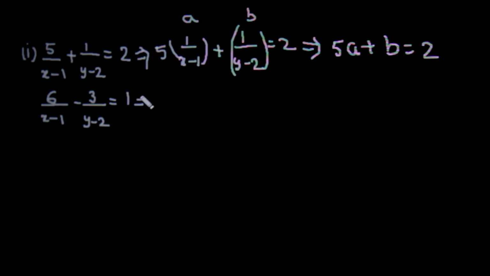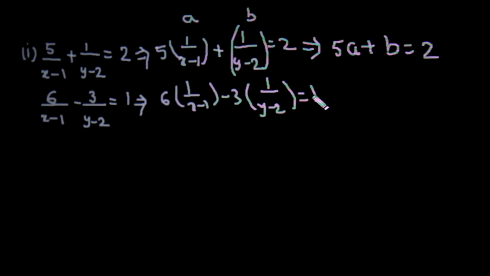Convert the second one also in the same way. This can be written as 6 into 1 by x minus 1 minus 3 into 1 by y minus 2, that is equal to 1.